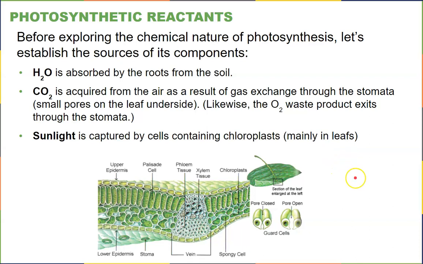Okay, so let's take a look at a leaf really quick. The leaf of plants, whether it looks like this, or it might be like a blade of grass or a pine needle, has specialized cells inside of the leaf.